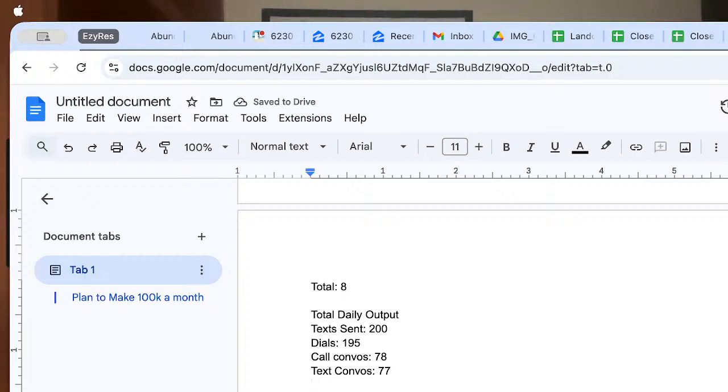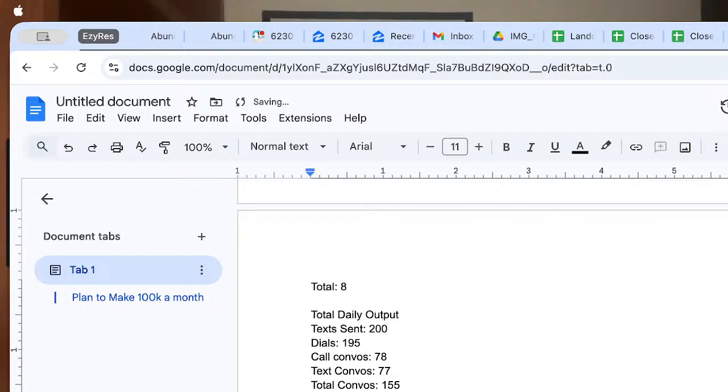What is 78 plus 77? Total combos, 155. And if our total convo to new relationship ratio is 4 to 1, then we'd have 38.75 new relationships a day.